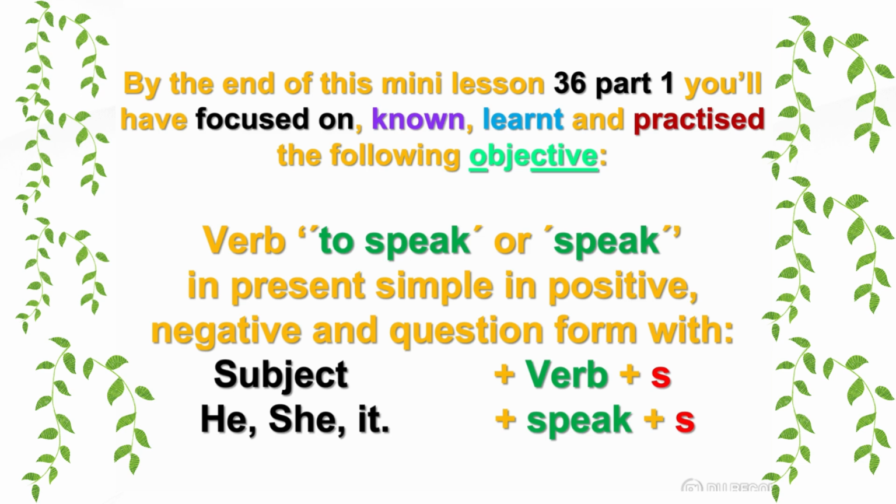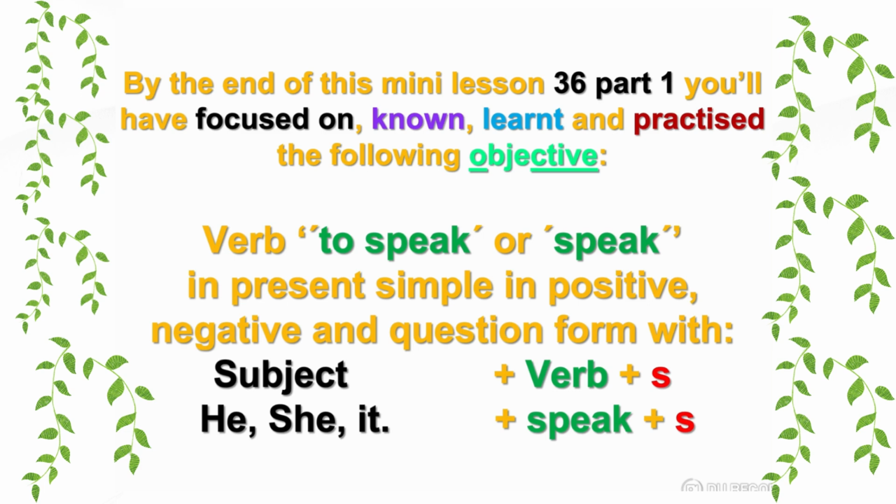She speak, it's not correct. It speak, it's not correct. Why? Because the rule says when we have he, she, it in present simple, the verb takes an s. So the correct form is he speaks, she speaks, it speaks.